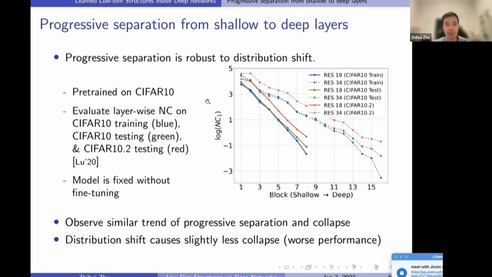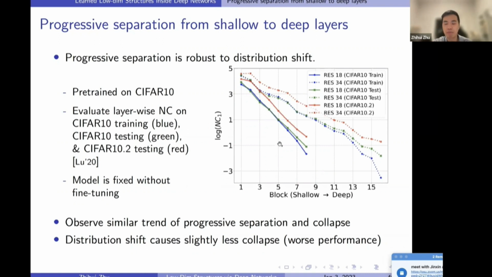We pre-trained a ResNet on CIFAR-10, and then we fix it, and then we evaluate the layer-wise neural collapse on the original CIFAR-10 training samples, testing samples, and the CIFAR-10.2 testing samples. This CIFAR-10.2 has the same 10 classes as CIFAR-10, but it has different samples.